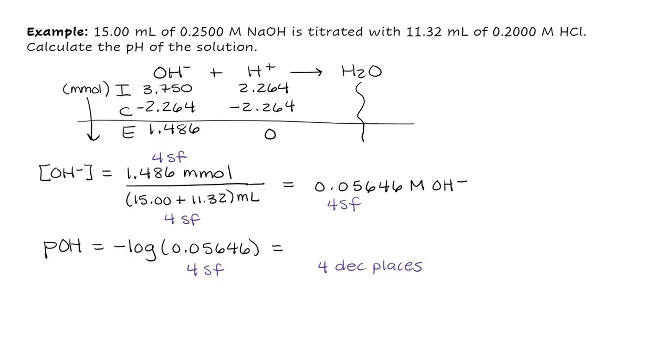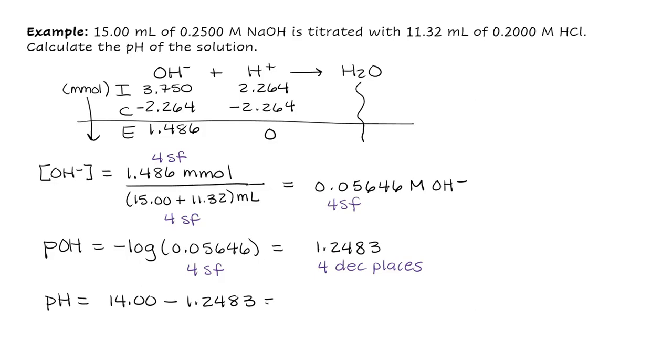So taking the negative log of 0.05646 gives us 1.2483 for our pOH.